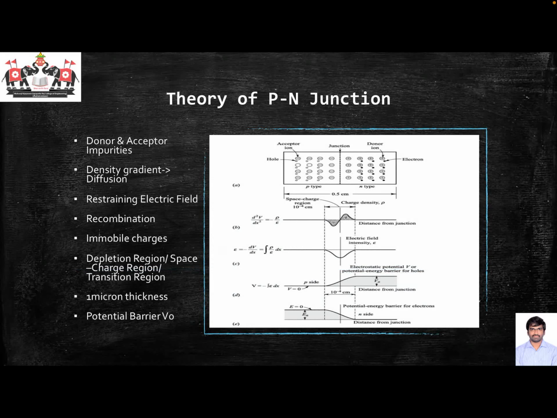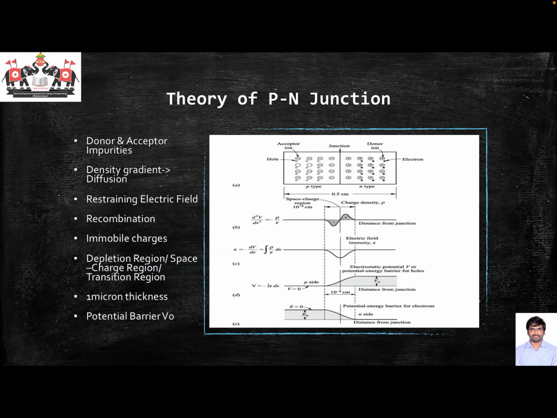The side where we have added acceptor impurity will turn into a p-type material, and on the right hand side, where we have added donor impurity, we will have an n-type material. This combination we can call a PN junction.